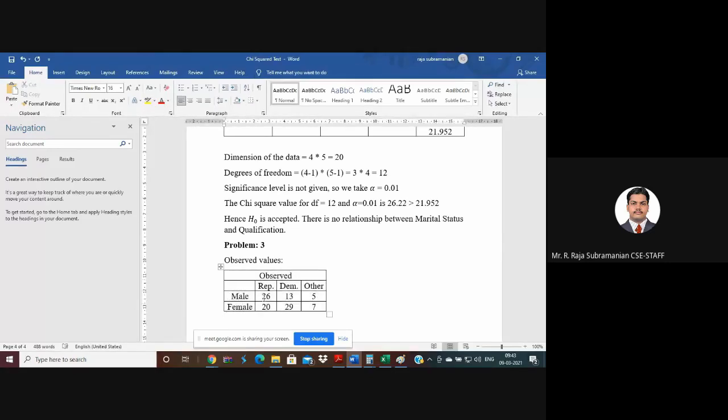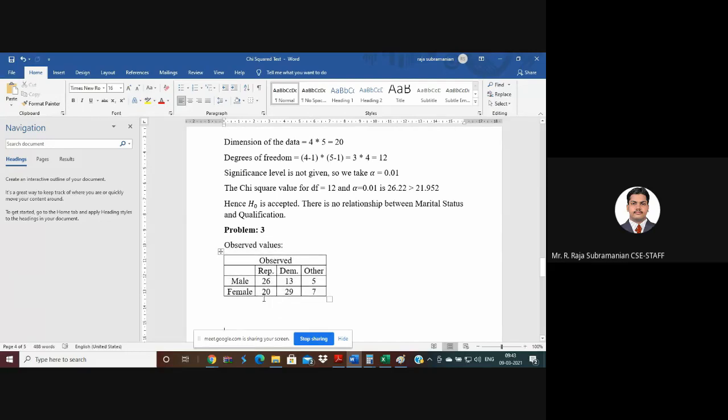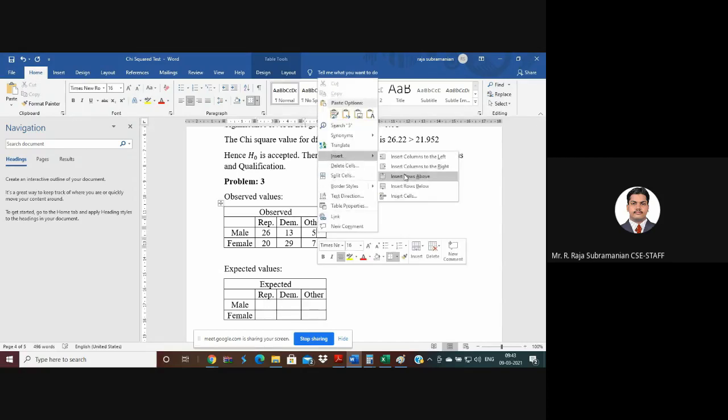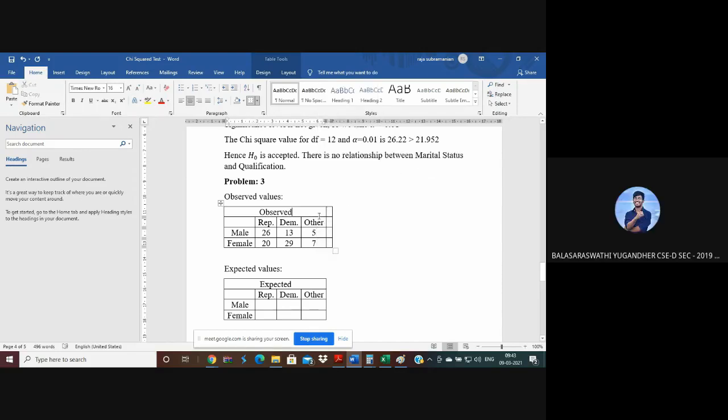Now let me ask, how will you calculate the expected value for this? Can anyone say? The numbers which are in columns we can consider as expected, right?